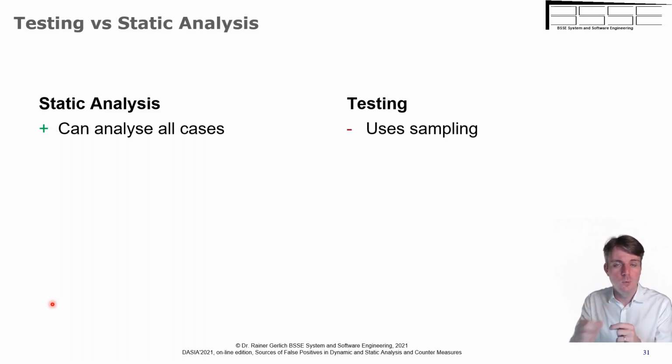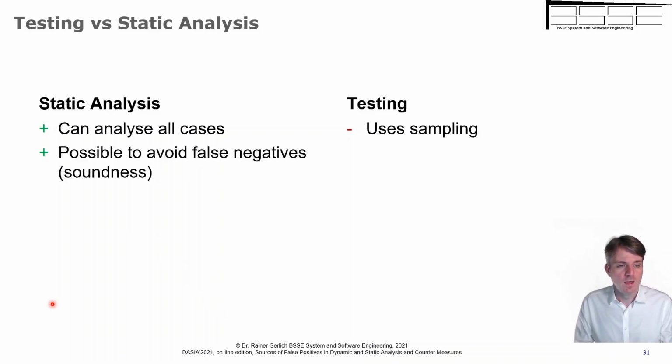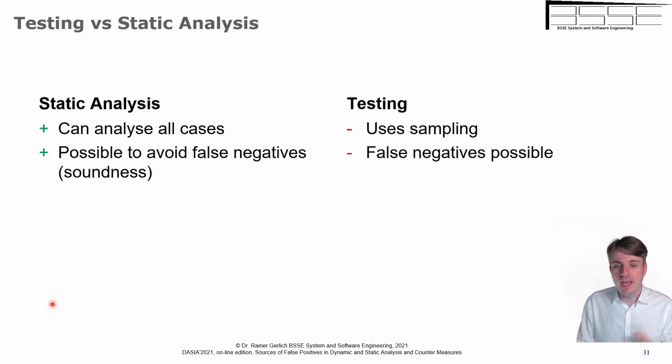For testing, we sample inputs from the input domain, and we normally cannot say anything about the cases that we didn't test, except if we have some equivalence cases available. For static analysis, using sound tools, it is possible to avoid false negatives, but only if you analyze all the reports that are available. Testing can have false negatives due to the sampling approach.